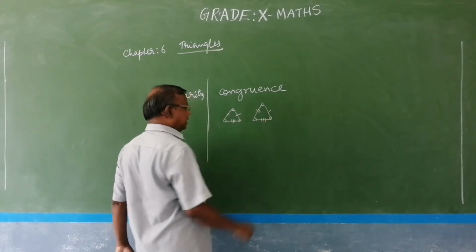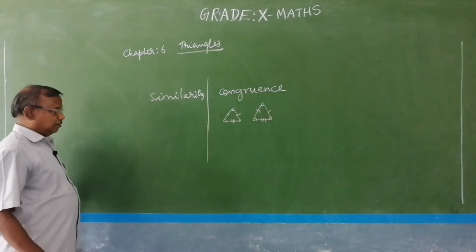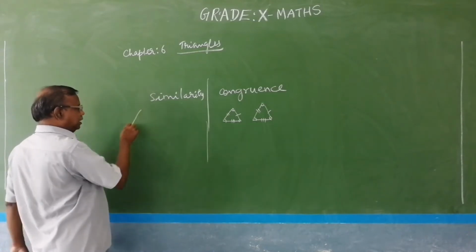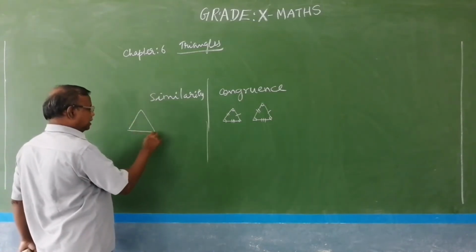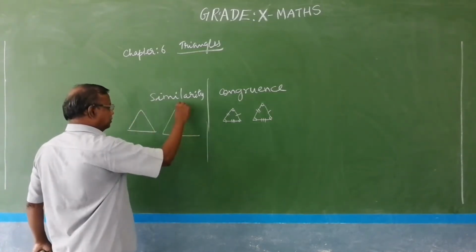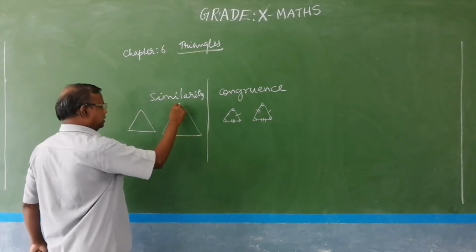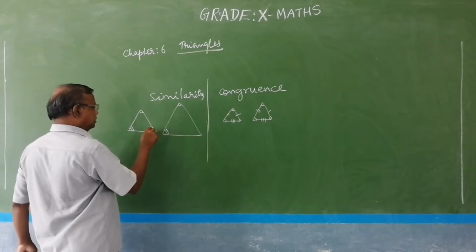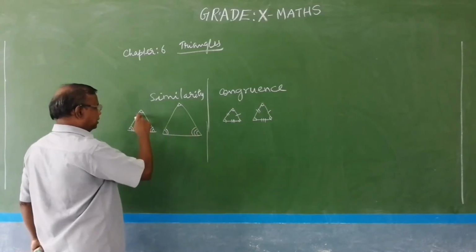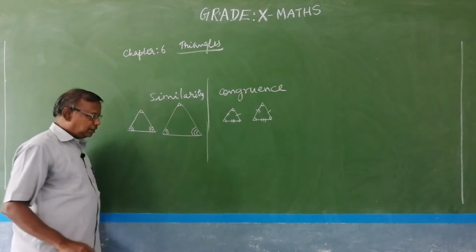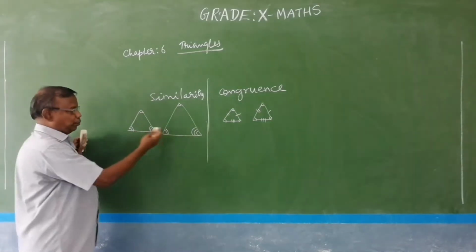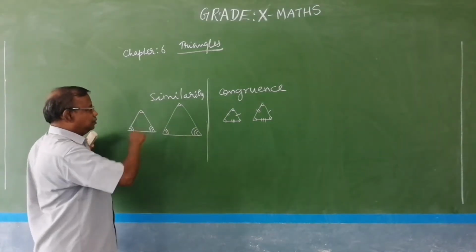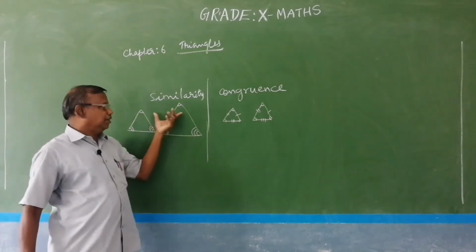Then only we can say those triangles are congruent. Here it is not necessary. Two triangles must have their corresponding angles equal, that is 1, 2 and 3. So here also the corresponding angles must be equal and the sides proportional. So that is known as similarity.